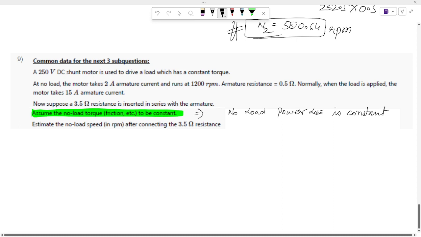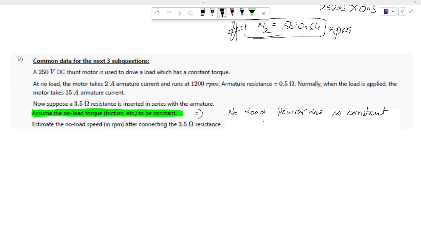Do you agree with me or not on this statement? If I say that assume the no load torque to be constant, can I say that no load power loss is constant?